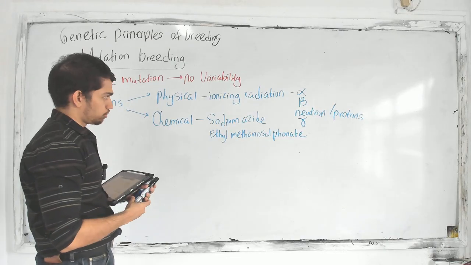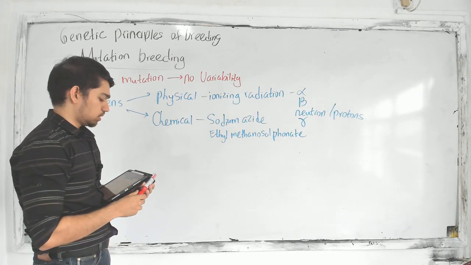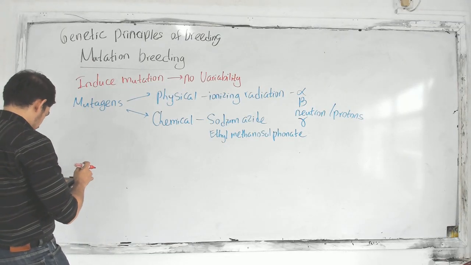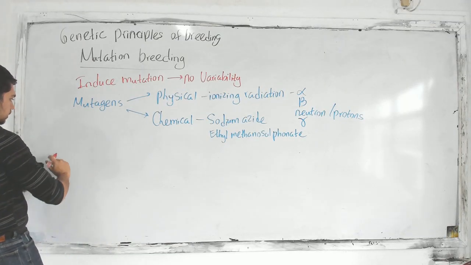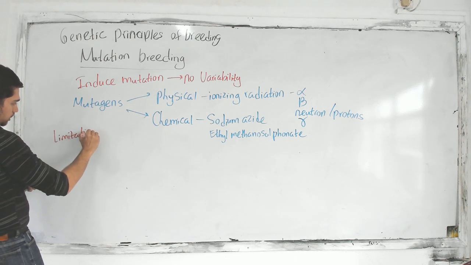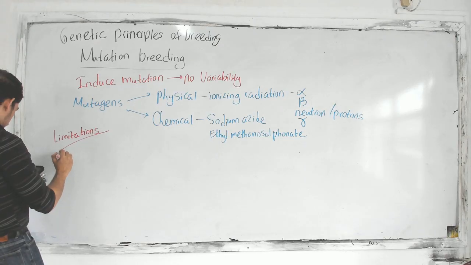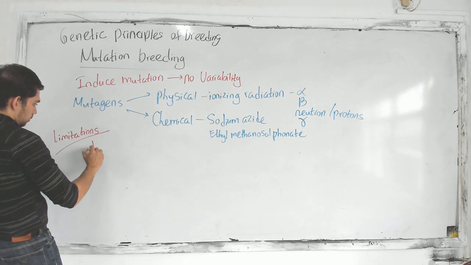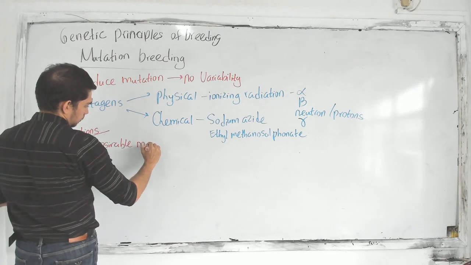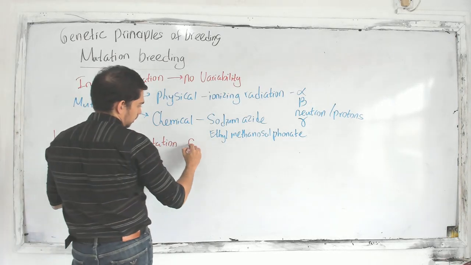Then there are some important points, some disadvantages. It's very difficult to do this, or you can say there are limitations. There are so many limitations. First one, the frequency of desirable mutations is very low.